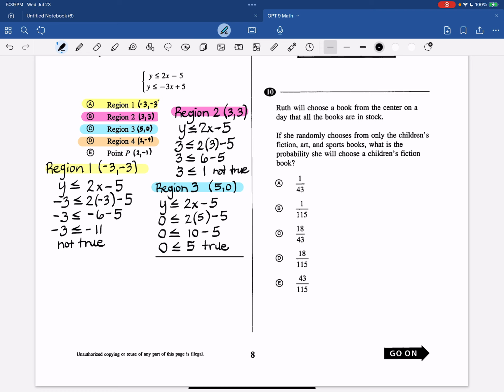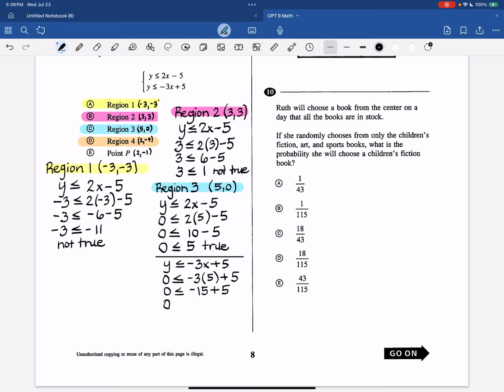Let's try the other inequality, which is y is less than or equal to negative 3x plus 5. So let's try this same problem using those values. And if we get a true this time, we've got the answer we're looking for. I will finish the problem.